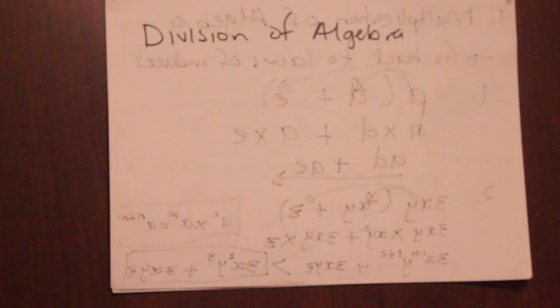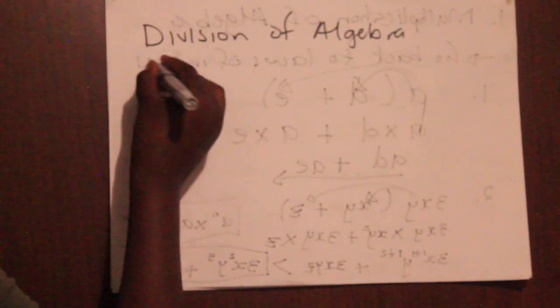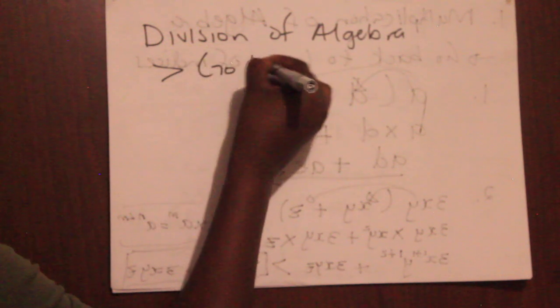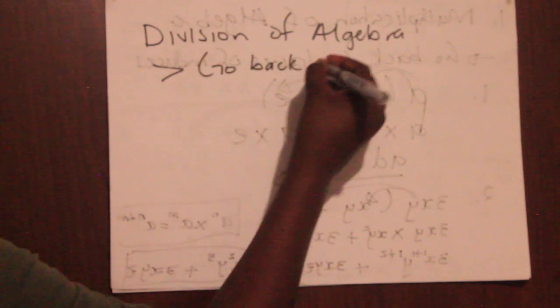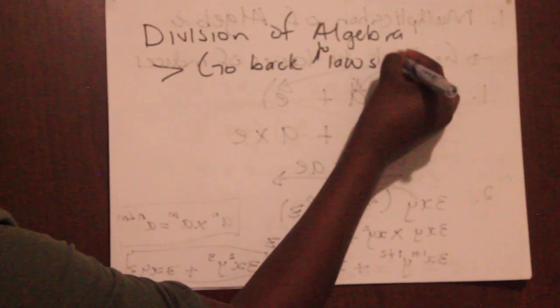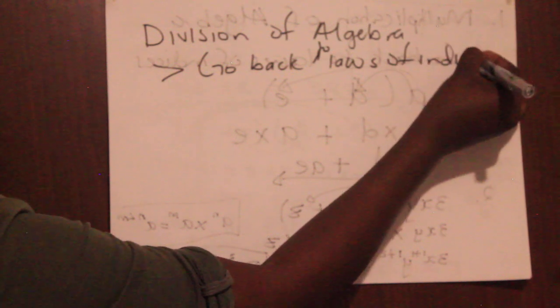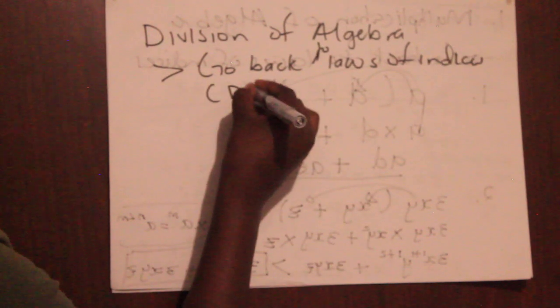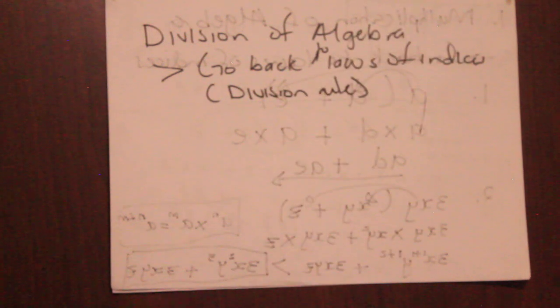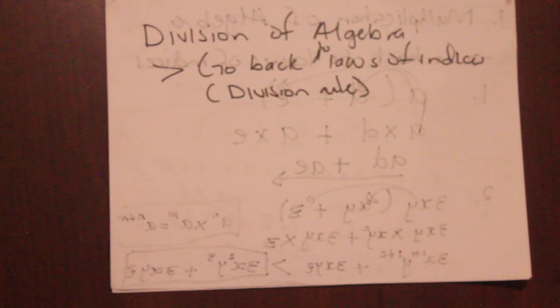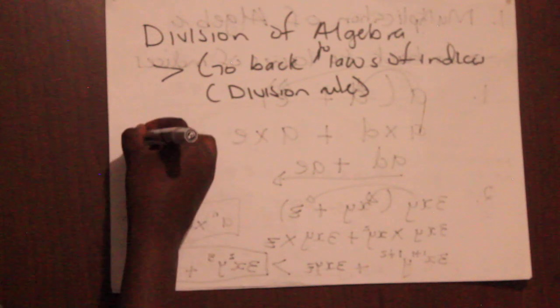The only difference is the signs that change, but otherwise the rules are the same, except you still have to go back to the video I did on laws of indices. In this case you need to know the division rule, just as in multiplication you need to know the multiplication rule. Okay, so let's start with the first one.